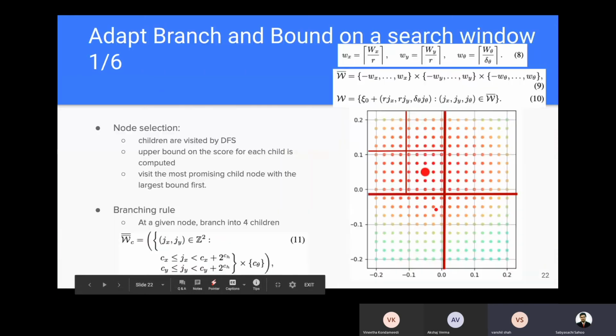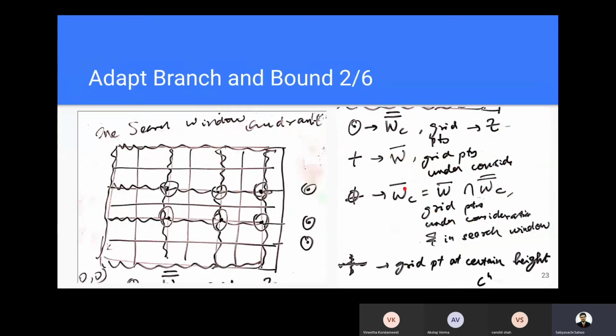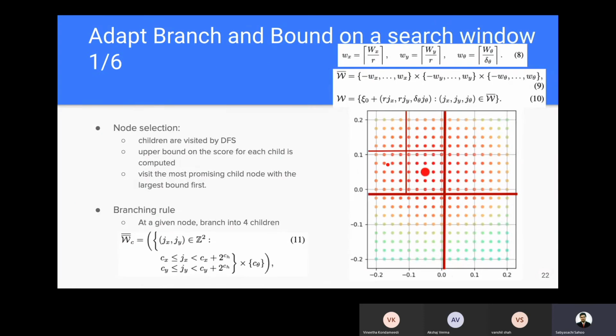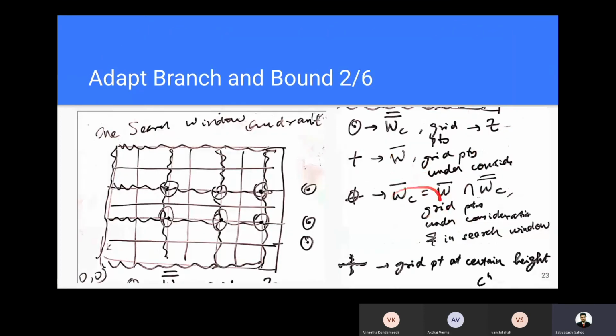So if you had a grid size that was a power of 2, there would not have been any difference between WC bar and WC double bar. The intersection would have been perfect, but sometimes it is not a power of 2, since that's a hyperparameter, like we took here 100 by 100. This can make WC bar and WC double bar differ.